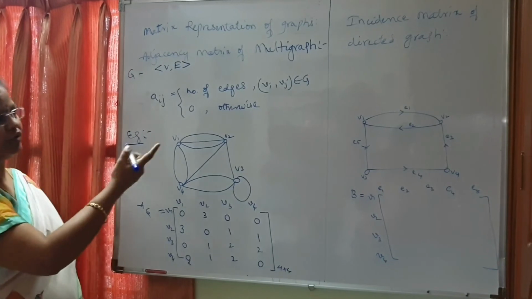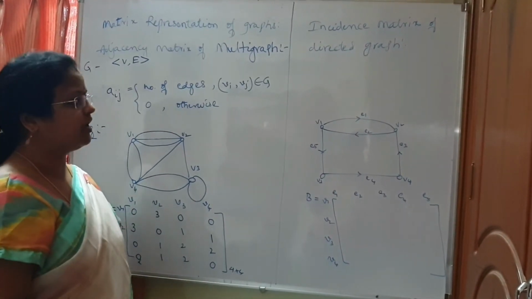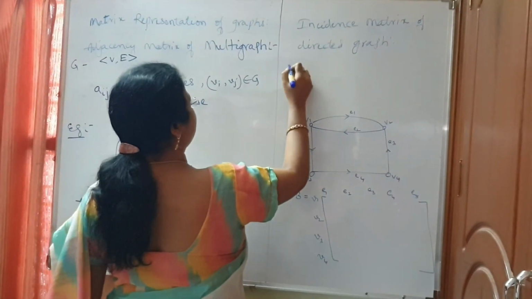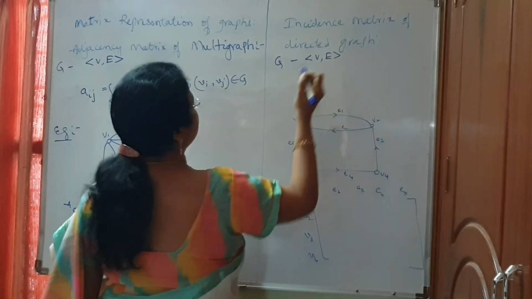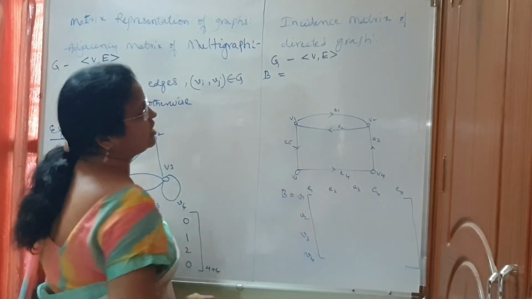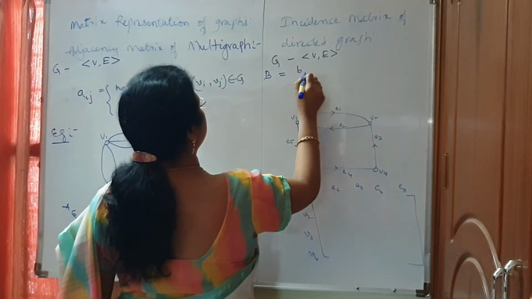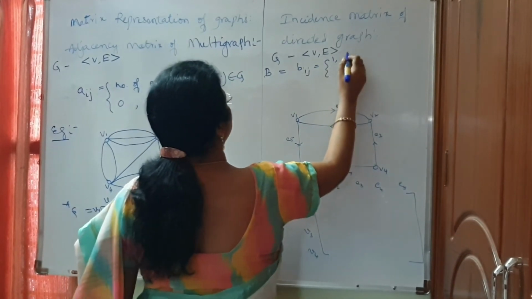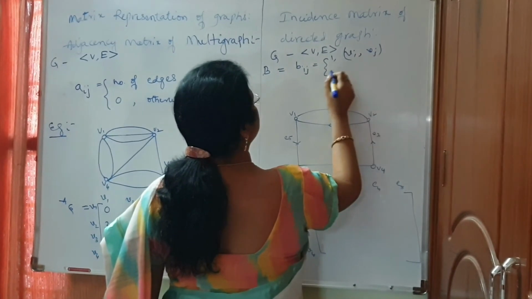And now I am going to tell you about another definition called the incidence matrix of a directed graph. Here G is a graph consisting of vertices and edges. We represent the incidence matrix of a graph by the letter B, and the entry Bij is equal to 1 if there is an edge from vertex Vi to Vj.